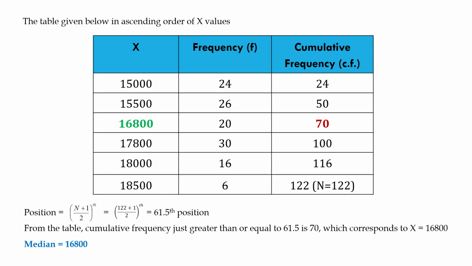In this table we can find the value 70, which is the next value greater than 61.5. Then the x value corresponding to that cumulative frequency is 16,800, and that is our median value. So the median is 16,800. That gives the solution to this problem.